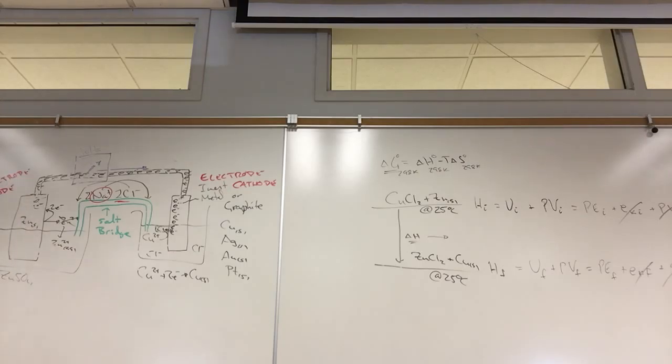Where are electrons generated? The electrons are generated here. Why doesn't it generate at the cathode? Electrons are consumed at the cathode because electrons are generated here at the anode and then consumed at the cathode.